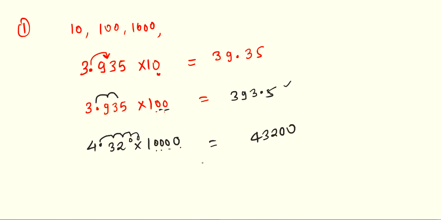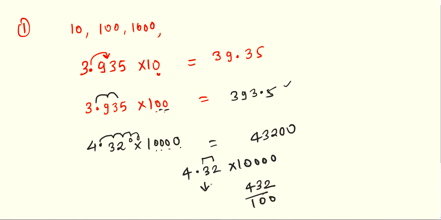Clear? And one more way you can solve it, 4.32 into 10,000. Now this 4.32 can be written as 432 upon 100, two places after decimal. So if we want to remove the decimal, simply we have to change this by taking values in the denominator.